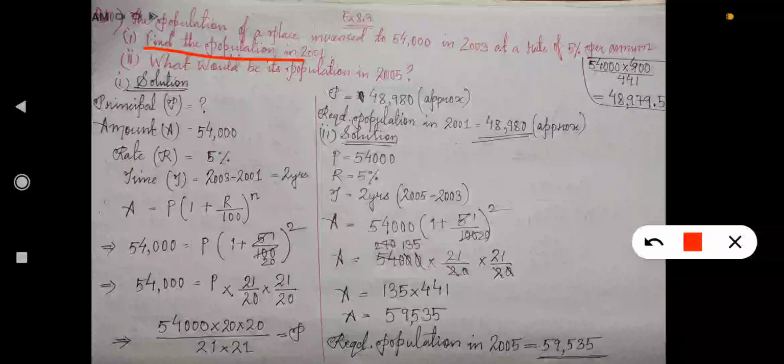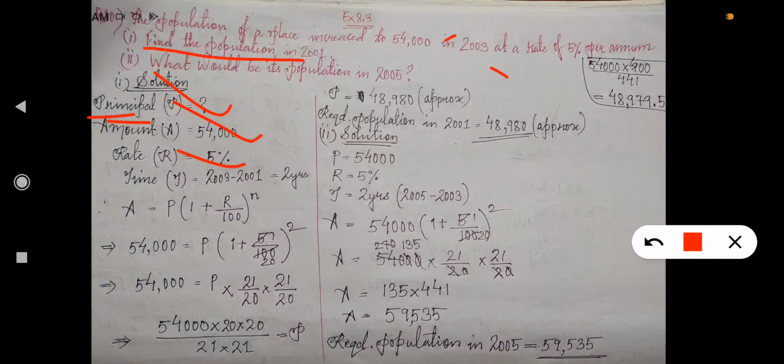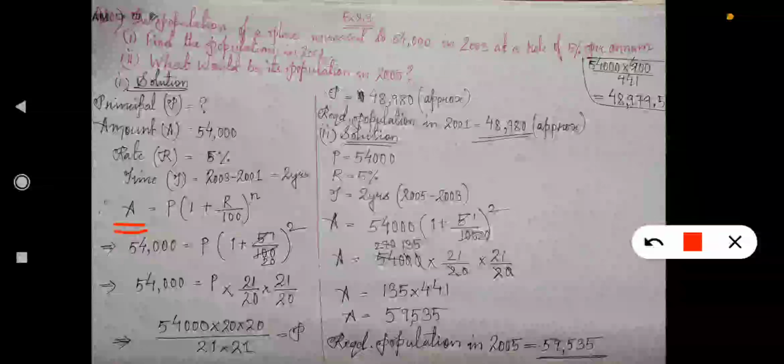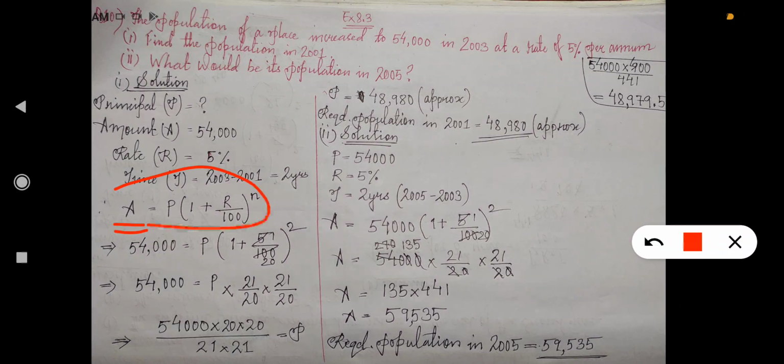For the first case, principal we have to find in 2001. Amount is 54,000, rate is 5%. Time is 2003 minus 2001, that is 2 years. Now we know the formula of amount in compound interest, so we are using it.